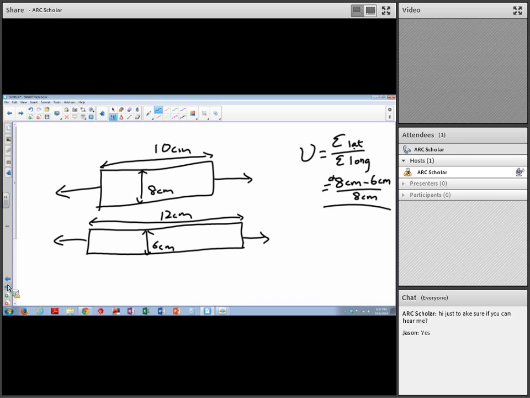Where the longitudinal strain will be 12 cm minus 10 cm over 10 cm.